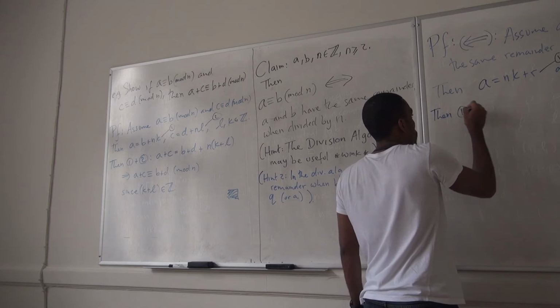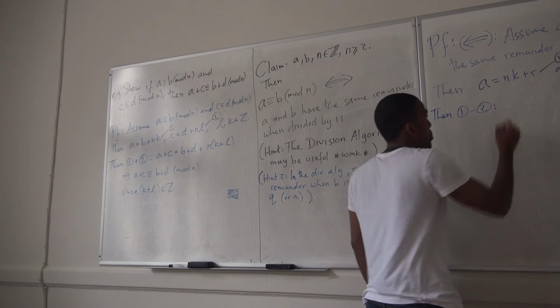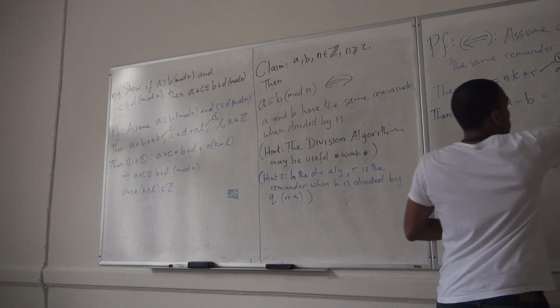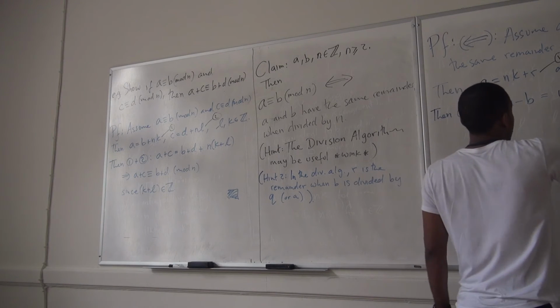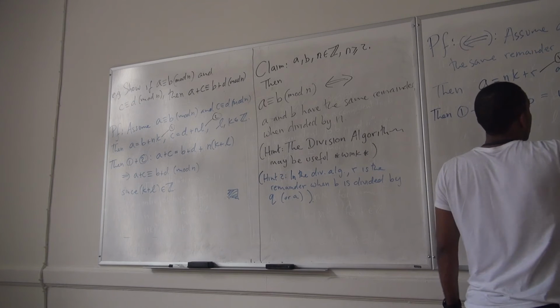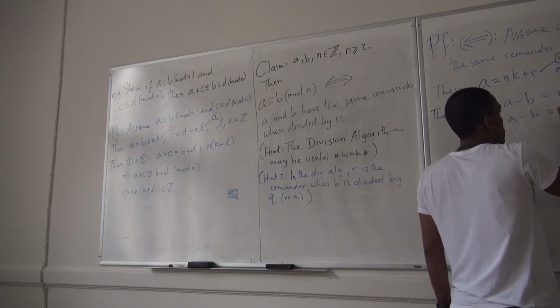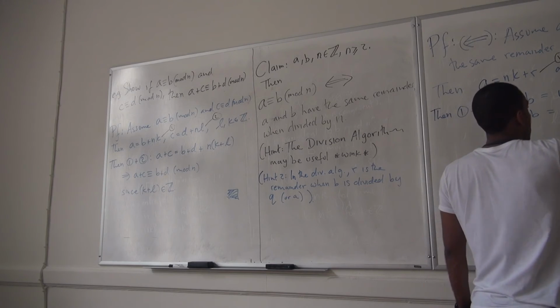Then if I take equation 1 minus equation 2, I end up with A minus B equal to, the r's would subtract each other, they would die. I would just have nk minus nl, which is A minus B equals n times (k minus l). And what does that mean?